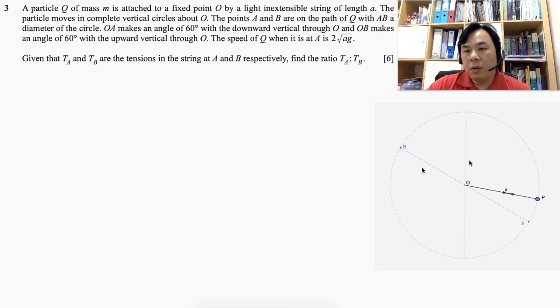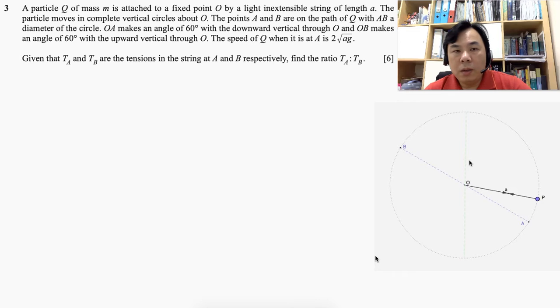OA makes an angle of 60 degrees with the downward vertical through O, and OB makes an angle of 60 degrees with the upward vertical through O. The speed of the particle Q when it is at A is given as √(2ag).